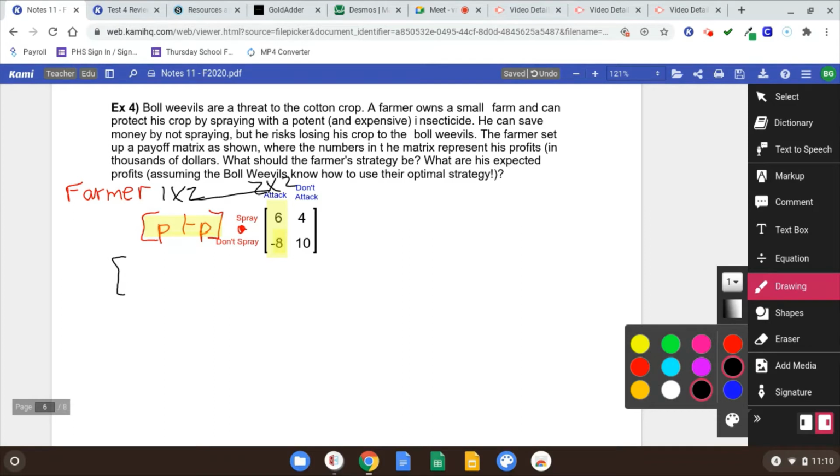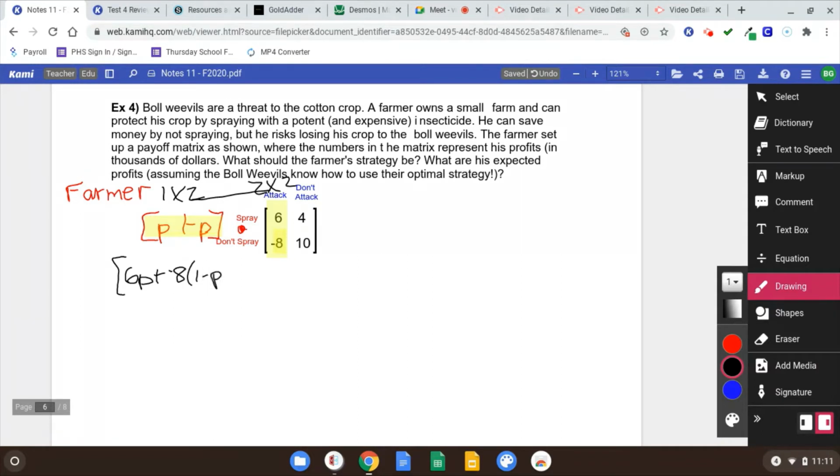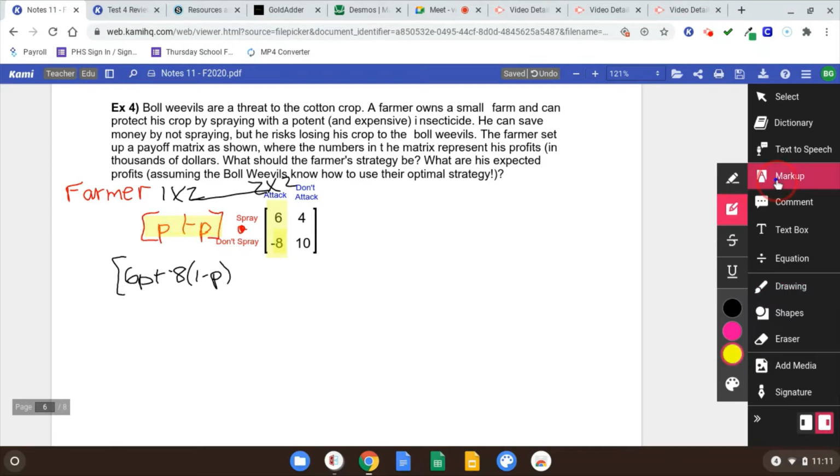So the first row times first column, zip up your numbers, take the first numbers, that's p times 6 is 6p plus, and then you'll have 1 minus p times negative 8, so negative 8 times 1 minus p. That's the first column. Now we're going to do the same thing, but this time we're going to do this row times this column.